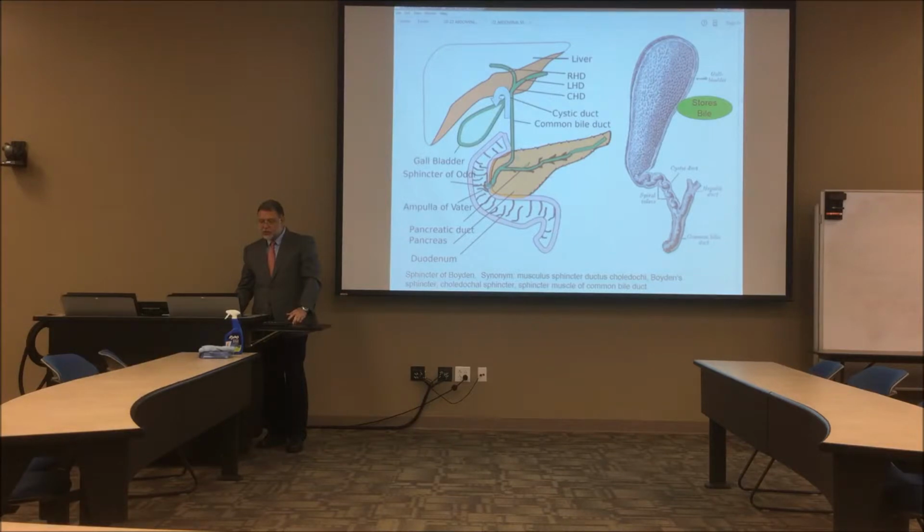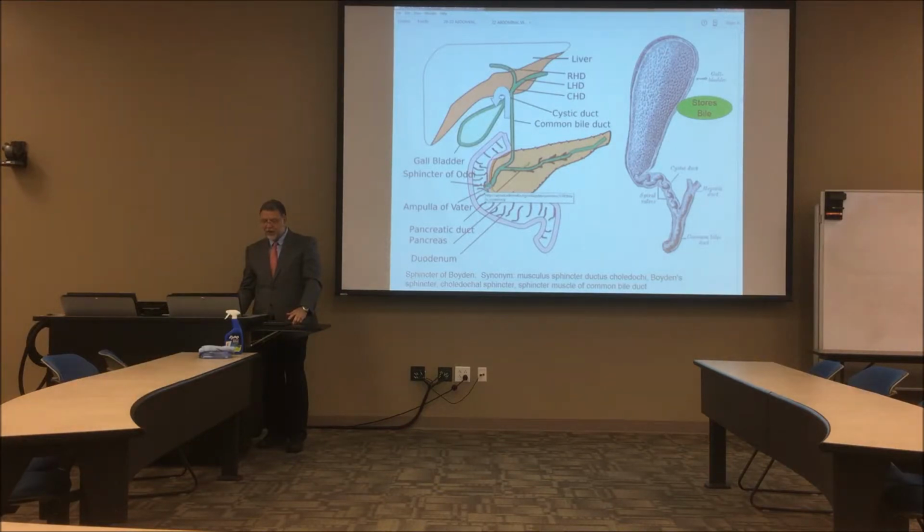Once this goes, it reaches the pancreas at the head of the pancreas and joins what is called the pancreatic duct. The pancreatic duct with the common bile duct is going to form one specific duct that reaches the second part of the duodenum at the ampulla of Vater.